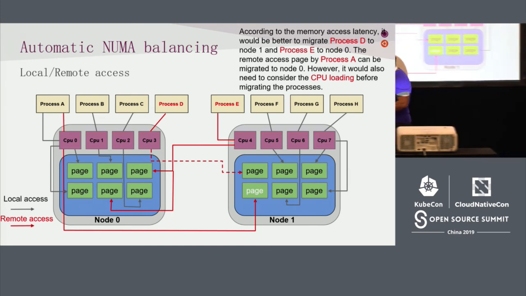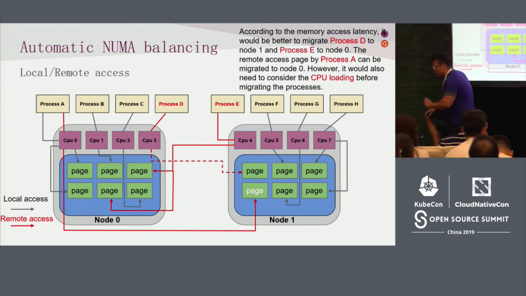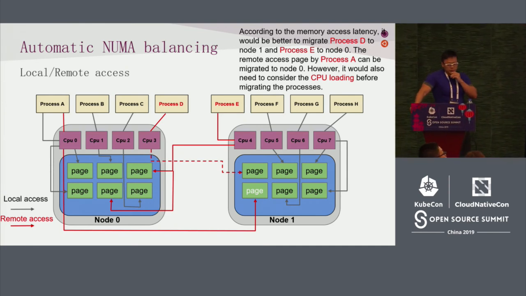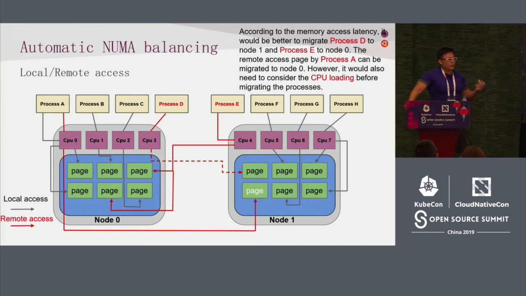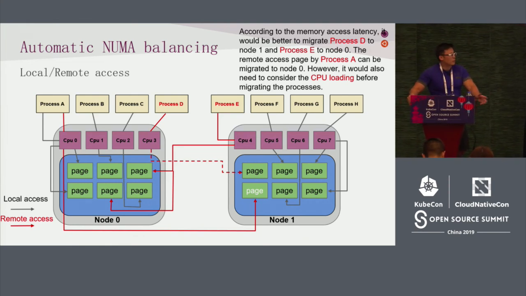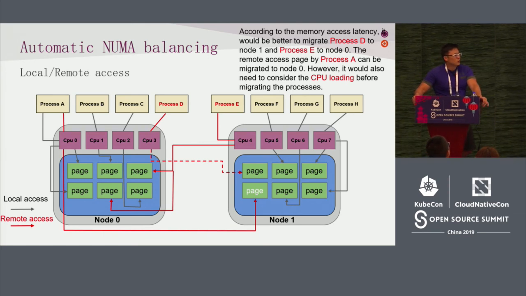So NUMA balancing has two options: one is to migrate pages, one is to migrate the process. But it's not that easy, because if you want to migrate the process, what about the CPU queue and its loading? Will the loading be affected? Is it enough? That's not the key point.